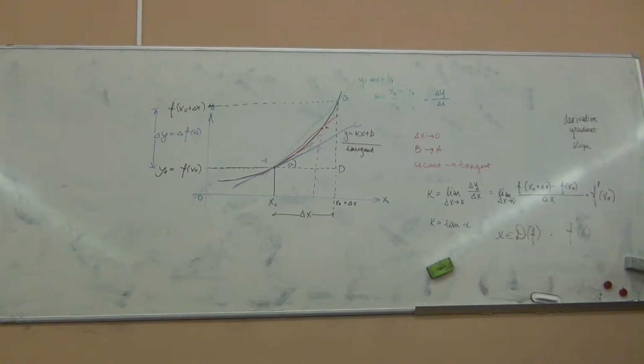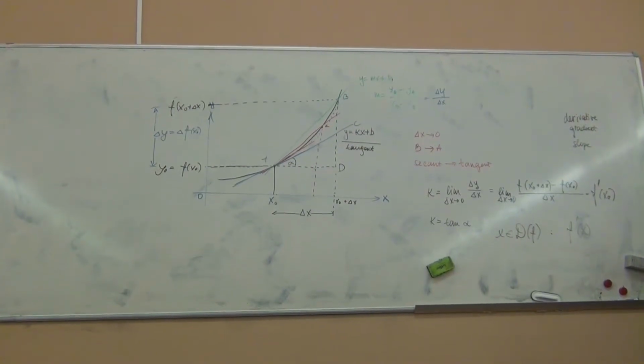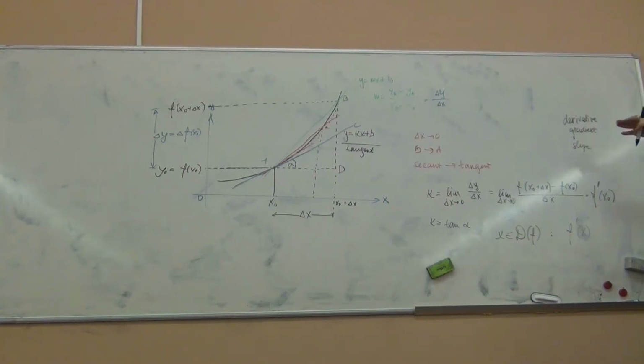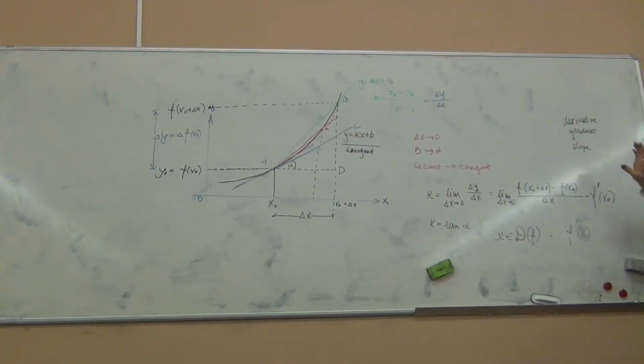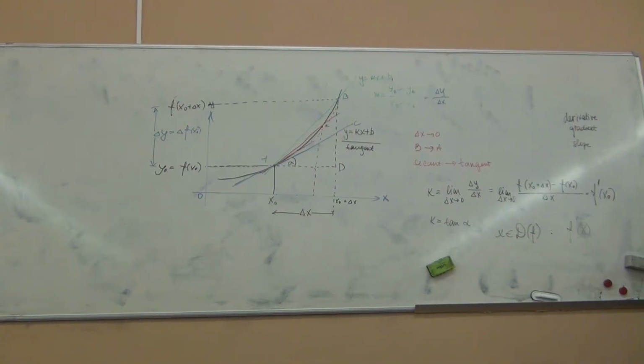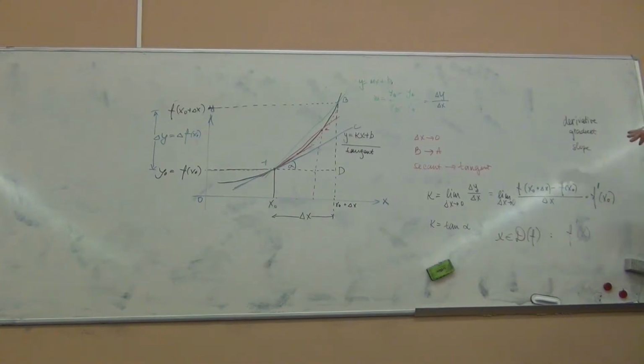So the word derivative actually means something that's obtained from that other function. If there was no given function, we couldn't find the derived function. We couldn't find the derivative.